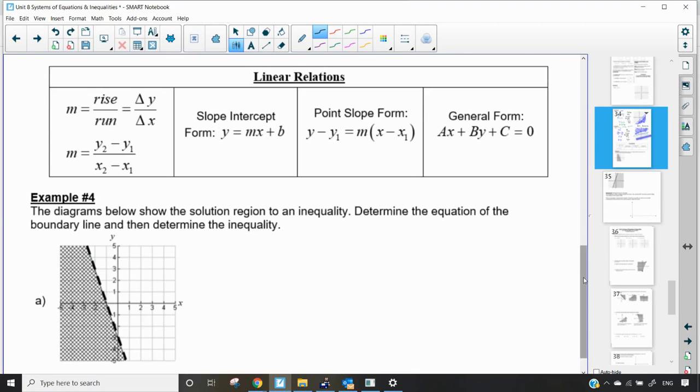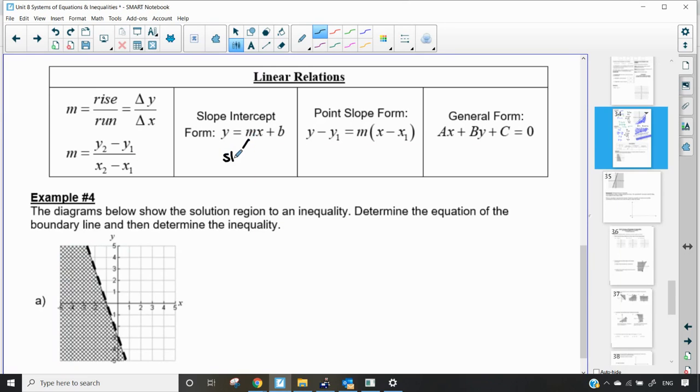Now we can be asked to graph inequalities, but we can also be given a diagram and asked to find the equation and hence the inequality that's being graphed. So to do that, we're often going to have to find the equations of lines. And so going back to grade 10, we have some formulas that we used. First of all, we have our slope formula, m equals y2 minus y1 over x2 minus x1. We have our slope-intercept form of y equals mx plus b.